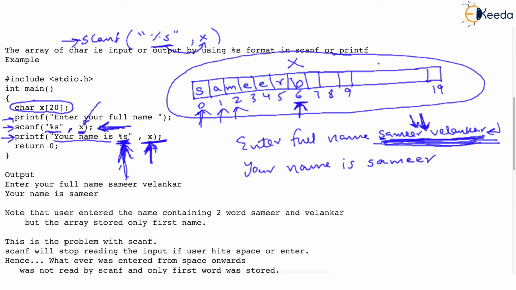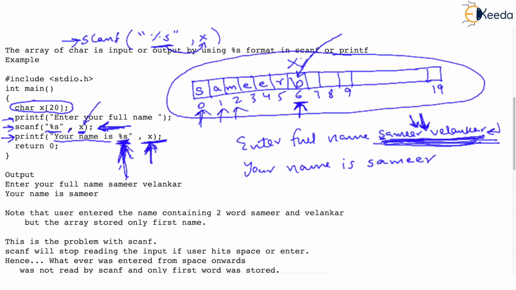How important is this \0? Tell me, how important is this \0 for C language? It is not important for us. Not at all, because \0 is not part of my name. In fact, I will get horrified if somebody says my name is Samir \0. But \0 is important for the functioning of C language itself.